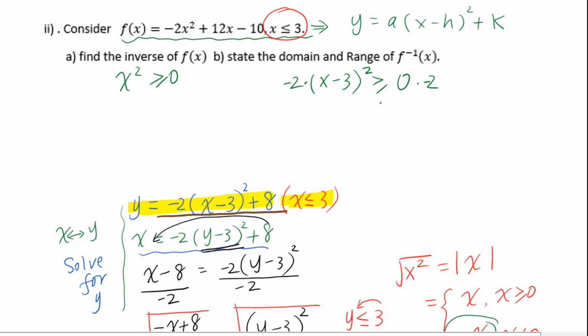Since you multiply by a negative number, switch the symbol, you will get negative 2 times (x minus 3) squared less than or equal to 0. Add 8 both sides. You will get y less than or equal to 8. So the range for the original function is y less than or equal to 8.